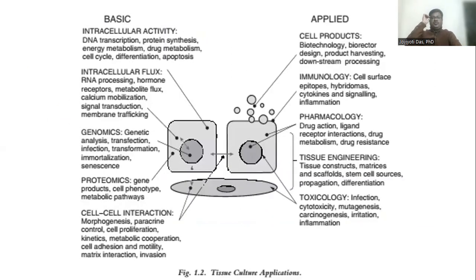Okay, so to sum up this part, let us see this particular schematic, which shows the various applications of tissue culture. If we were to classify the applications into basic sciences and applied sciences, what are the various applications that would come under each of these heads?